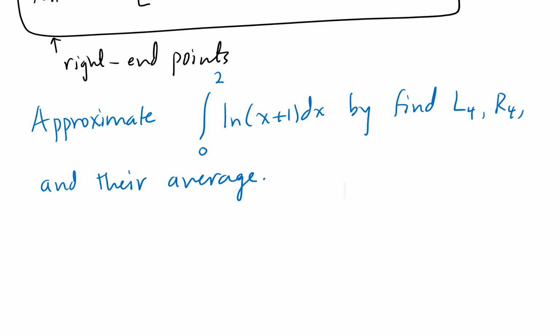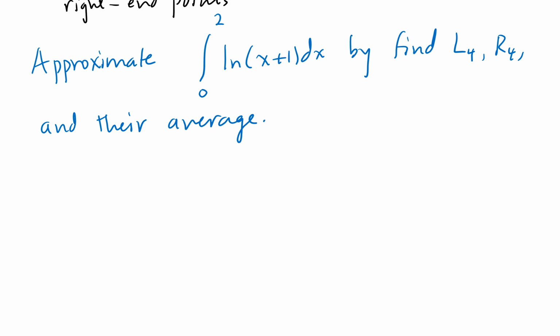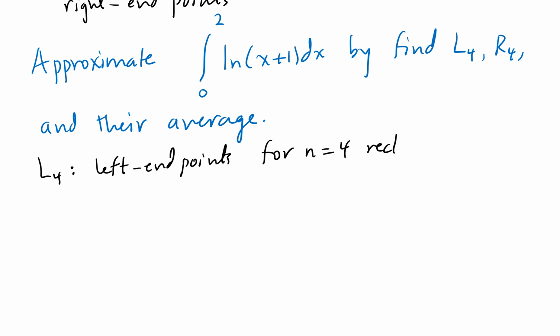Okay, let's go over this step by step. L4 means left endpoints. Use the left endpoints for n equals 4 rectangles. That's what this means.